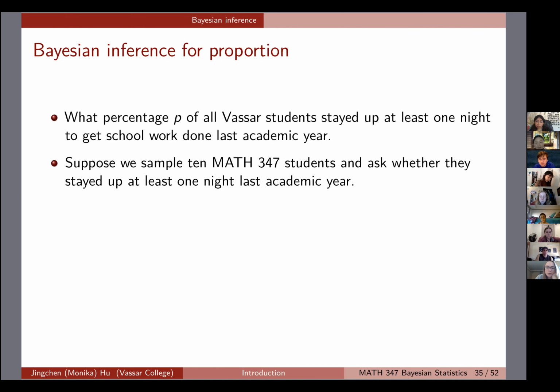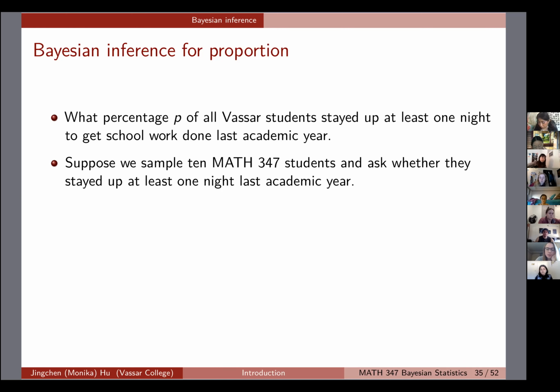So we're going to sample 10 students today and ask whether they stayed up at least one night last academic year. That is the data part, which is the part that you're actually going to do after you have your prior distribution. The percentage of interest, in this case the parameter, is p.